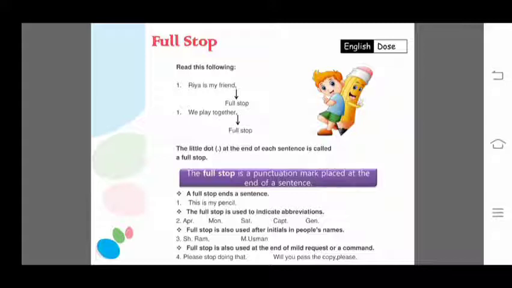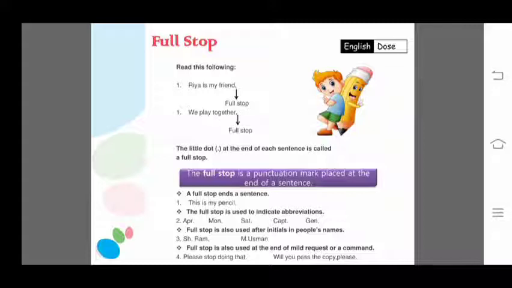Now, what is the second use of full stop? The full stop is used to indicate abbreviations. What is the meaning of abbreviation? Abbreviation is nothing but the short form or the contraction form of a word or of a noun. The first one, Apr. dot, means April.